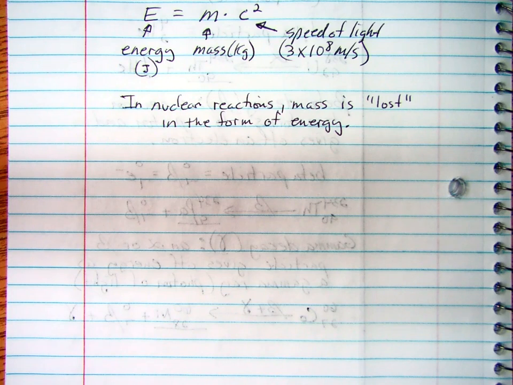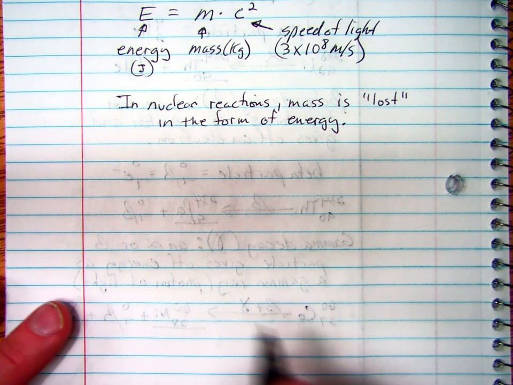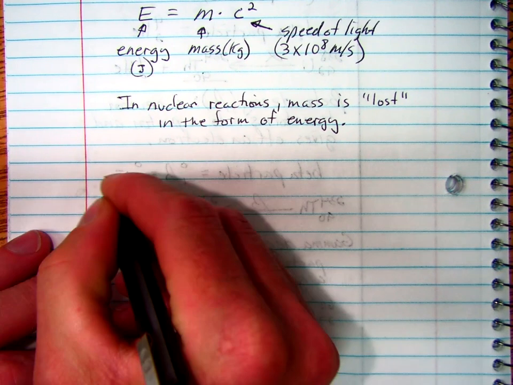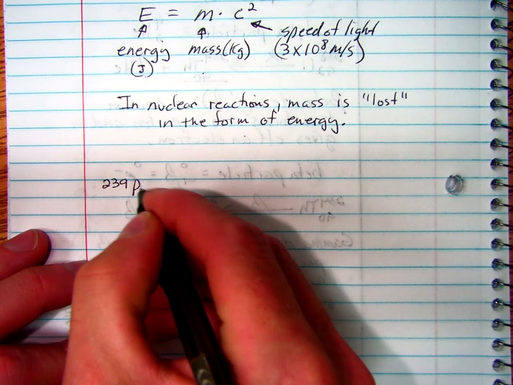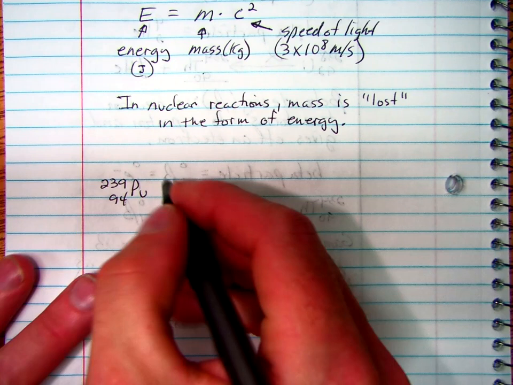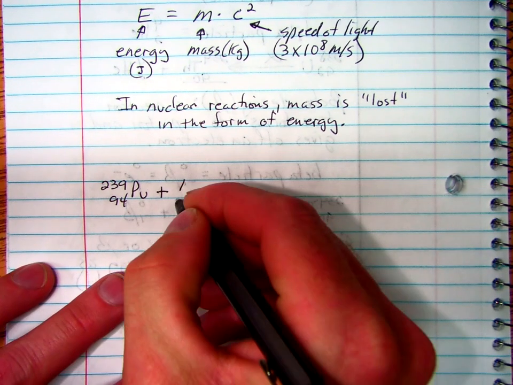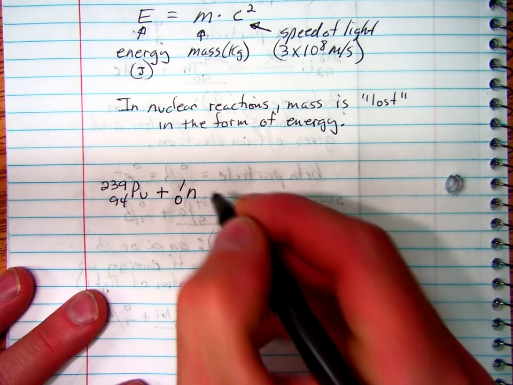Here is an example of a fission reaction involving plutonium-239. Plutonium-239 has the atomic notation of this. It has a fission reaction when a neutron is shot into its nucleus. So there's the symbol for a neutron.